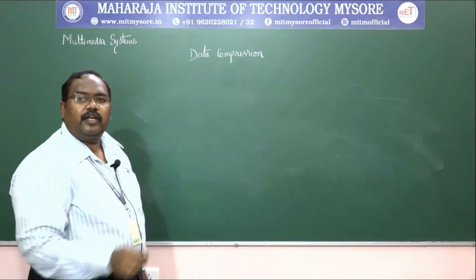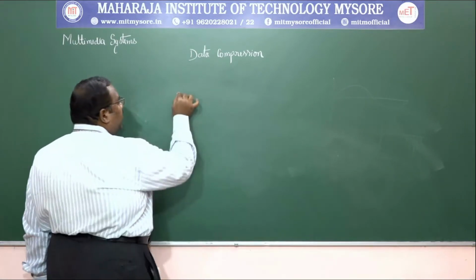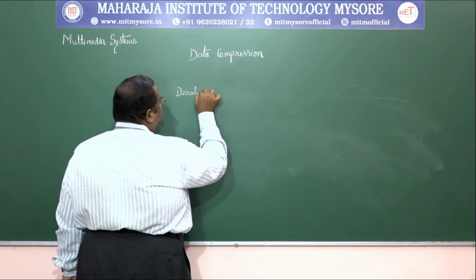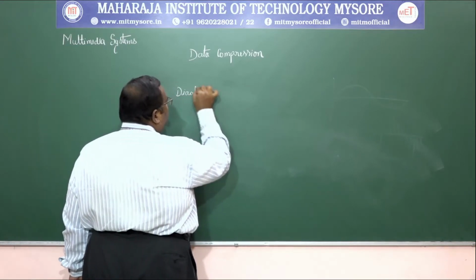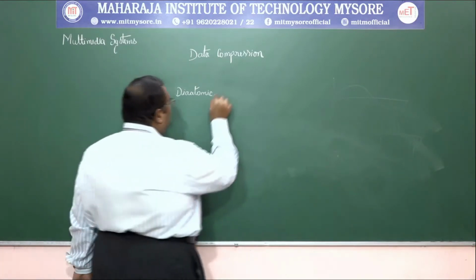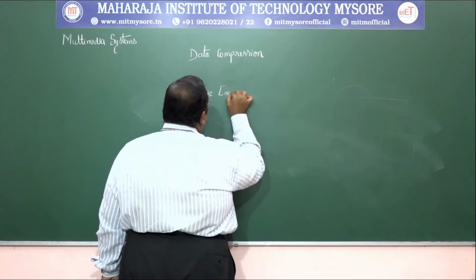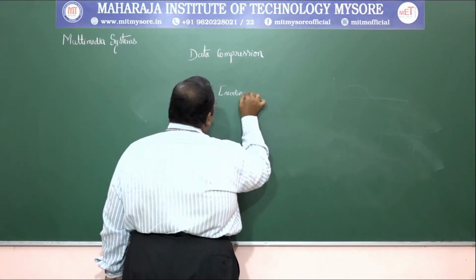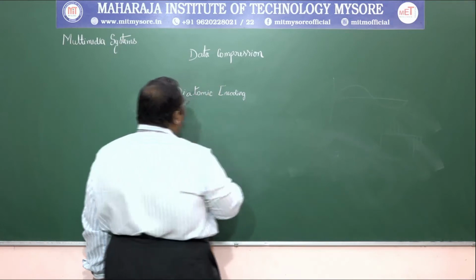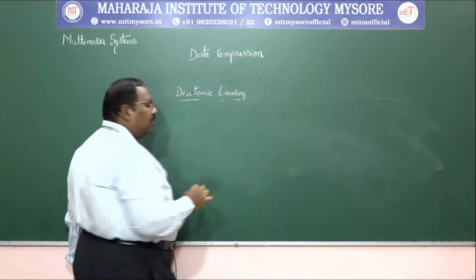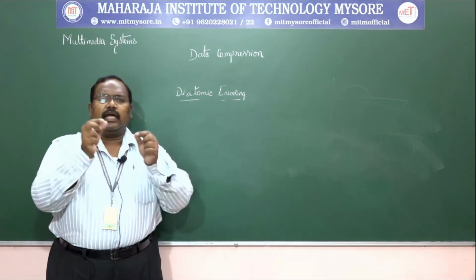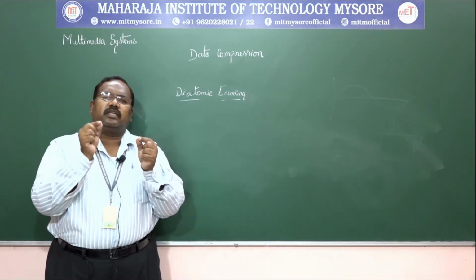The next technique that we are about to study is diatomic encoding. Look at the word itself. The name says di, meaning two, and atomic, which is the smallest entity.